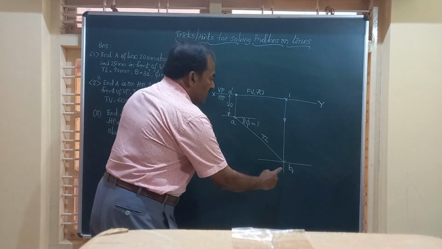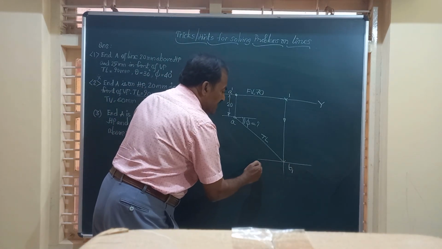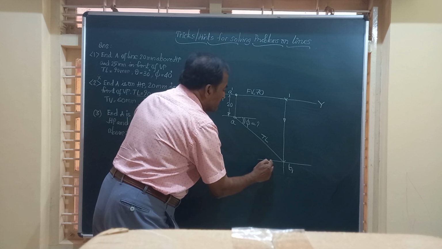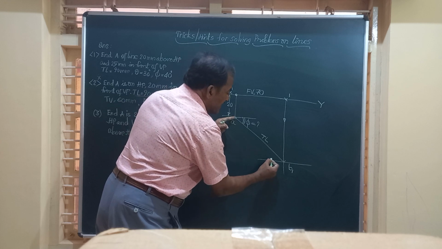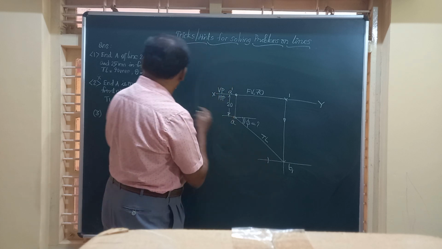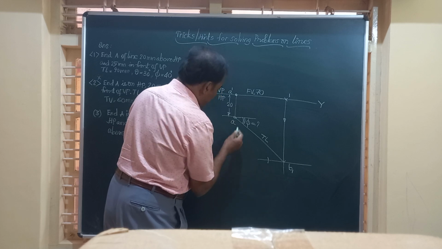Friends, you know, if you have a point on this locus of B, that end represents point B. So friends, here I will take again A as center and radius equal to the top view 60 mm. I strike an arc.